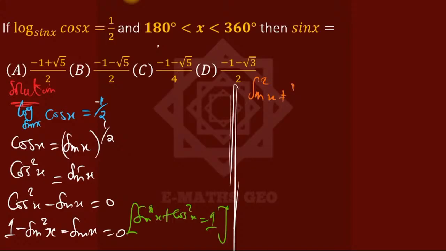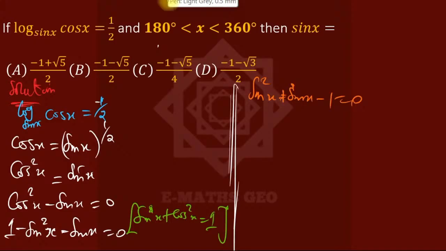This is now sine squared x plus sine x minus 1 equal to 0. Either you multiply both sides by minus 1 or you move to the right so that it is positive. So now we have a quadratic equation, because we have sine squared and sine x.